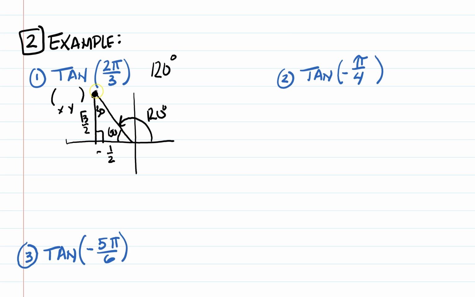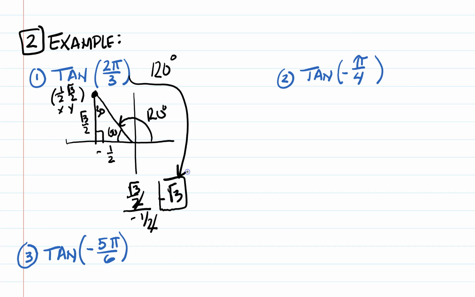I go left and then I go up. So the coordinate over here corresponds to negative 1/2 comma rad 3 over 2. Now the tangent is the Y to the X. So that's going to be rad 3 over 2 divided by negative 1/2. The 2's cancel, which gives me a negative rad 3. So the tangent of 2 pi over 3 or 120 degrees is equal to negative radical 3.